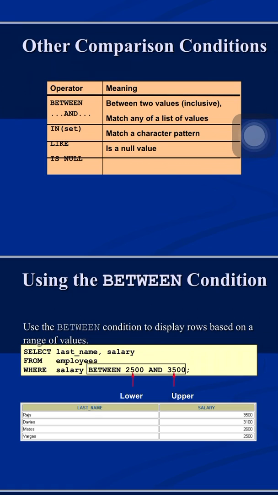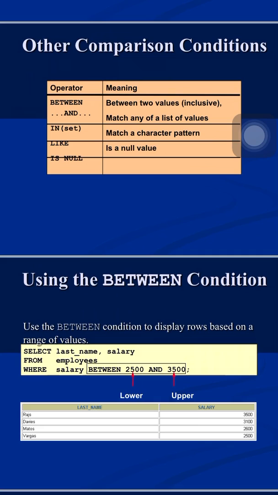So I want to print all such employees whose salary is greater than or equal to 2500 and less than or equal to 3500. We write the query like this: select last name comma salary from employees table, where salary between lower limit and upper limit. Your lower limit value is written first and then the upper limit value, and both these values are included while displaying the data.